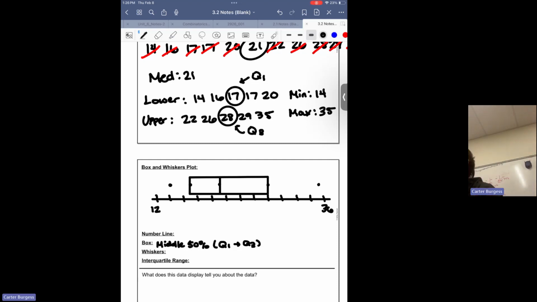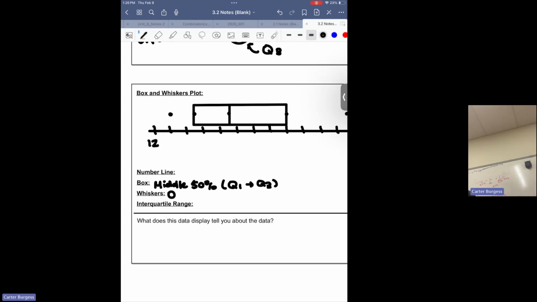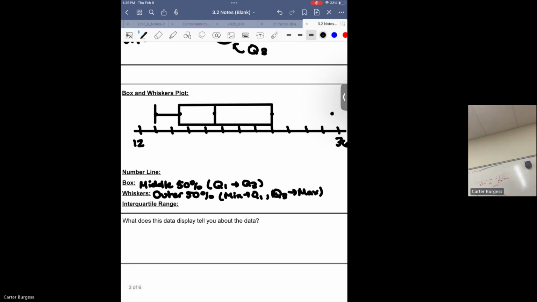The whiskers are going to be the outer 50%, which is to say from the min to Q1 and from Q3 to the max. And very simply, we are just connecting, and then like what we saw with the median, putting a little line here to denote that in fact that is the minimum. Like so.